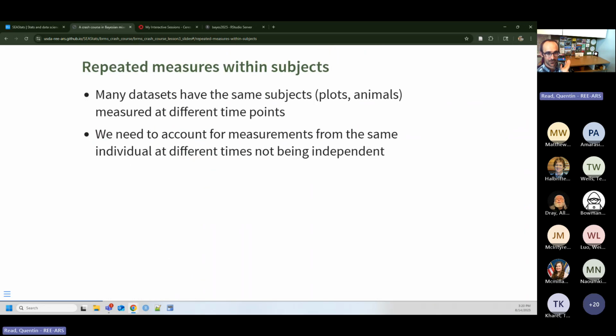If you have plots or animals that you measure at different time points, days, years, whatever, the measurements from the same plot or animal are not independent. They all come from the same individual, so they must be related to each other. We have to account for that in our stat model. Otherwise, we'll have pseudoreplication and we won't get a correct inference.